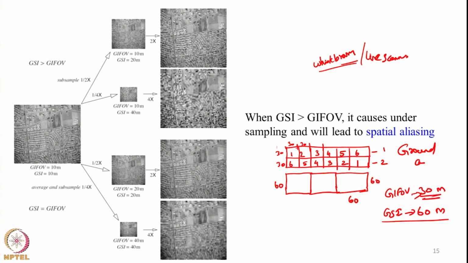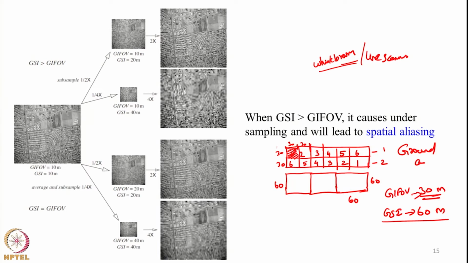So, let us take an example, sampling is starting from here. Since the GFOV is 30 meters in both along track and across track direction, let us take this as 1 pixel; these 4 pixels, 1, 2, 5, 6, will be collected by the scanner because of the GFOV size.